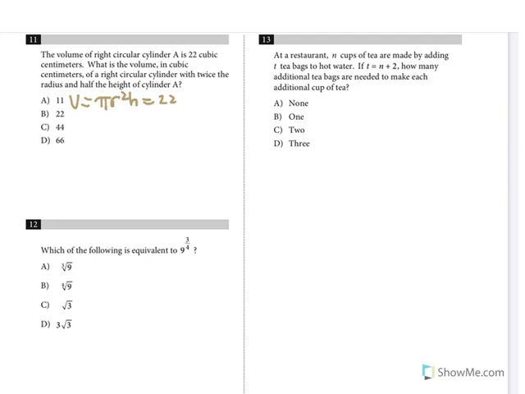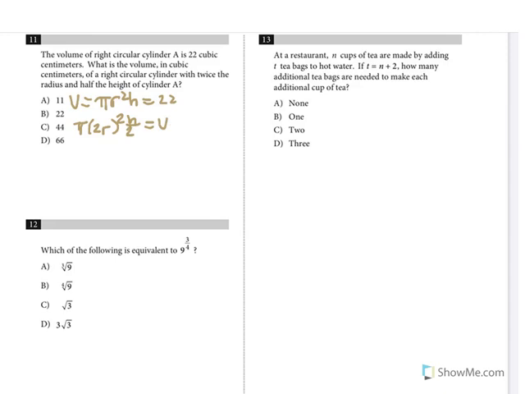So now we have to look at the volume if we go twice the radius. So we're going to say pi (2r) squared and half the height of cylinder A, which is h over 2.